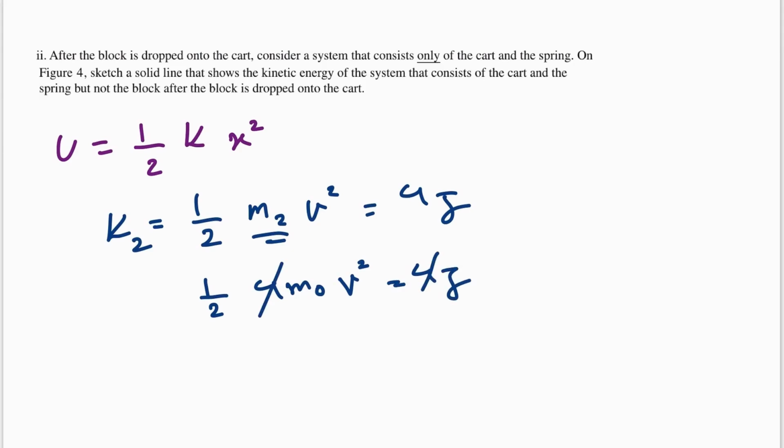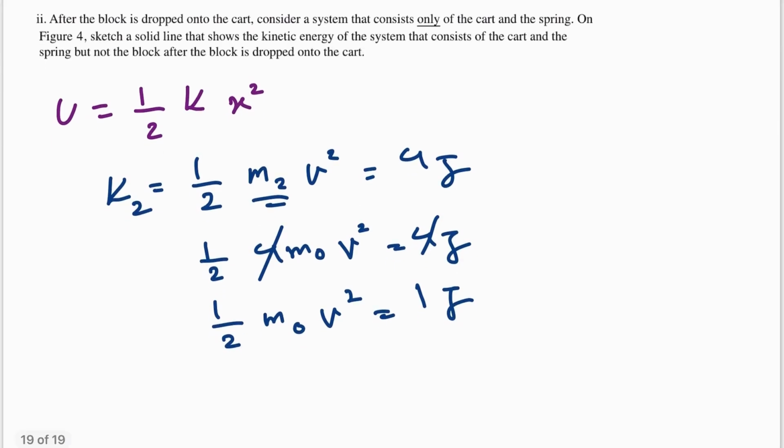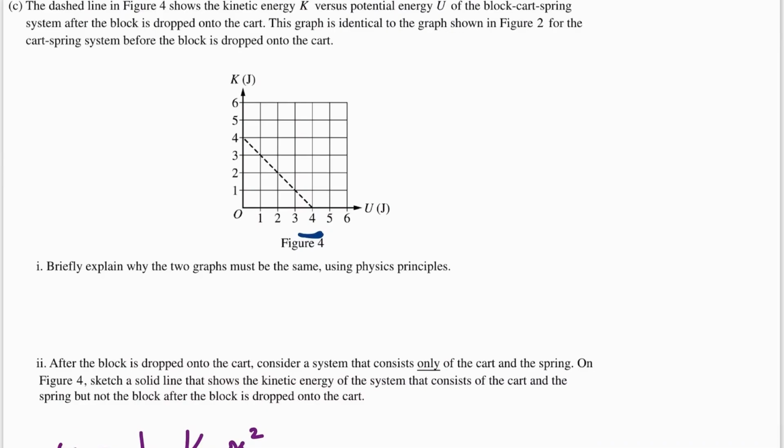If we cancel this 2, we have 1 over 2 m0 v squared equals 1. And this is the kinetic energy of only the cart and spring system. So the kinetic energy of only the cart and spring system is 1 joule. So now that we know this, we can draw the graph. We need to connect 1 to 4.